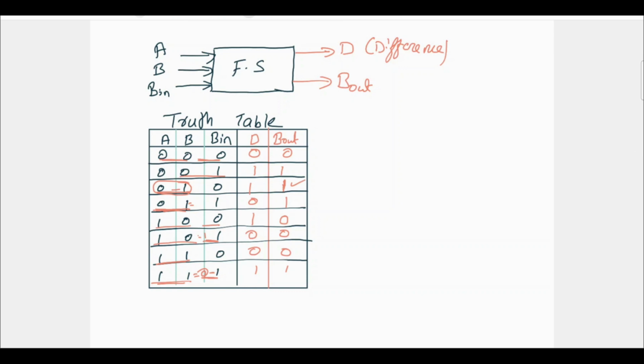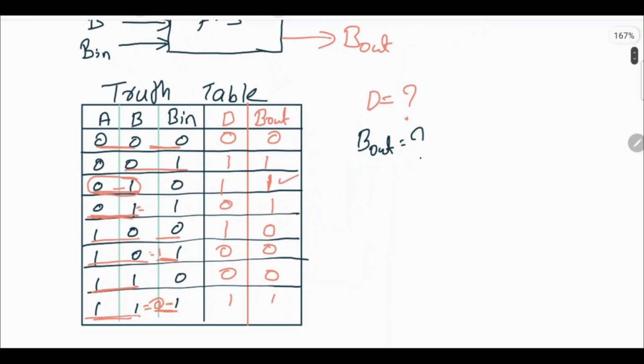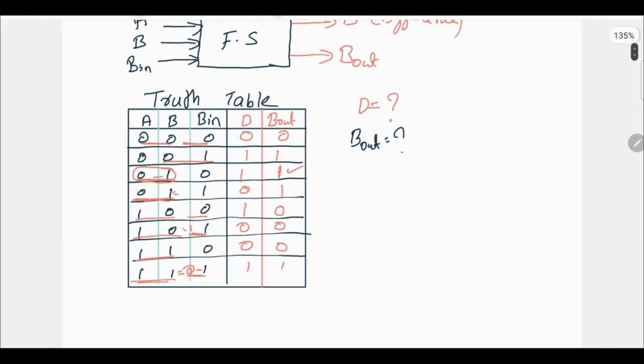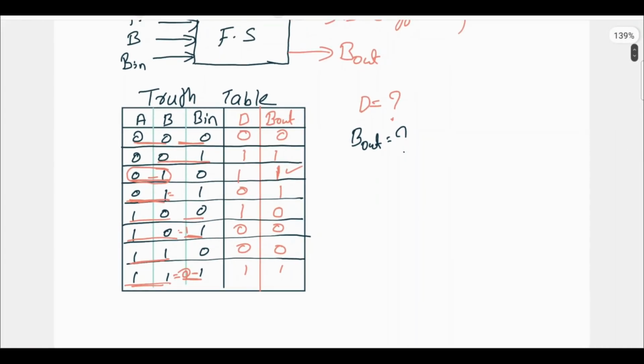Now, we need to find the equations for D and B out. First we will find what is D. In order to find that, we will draw the K-map. Since input comprises of 3 variables, we need a 3 variable K-map.